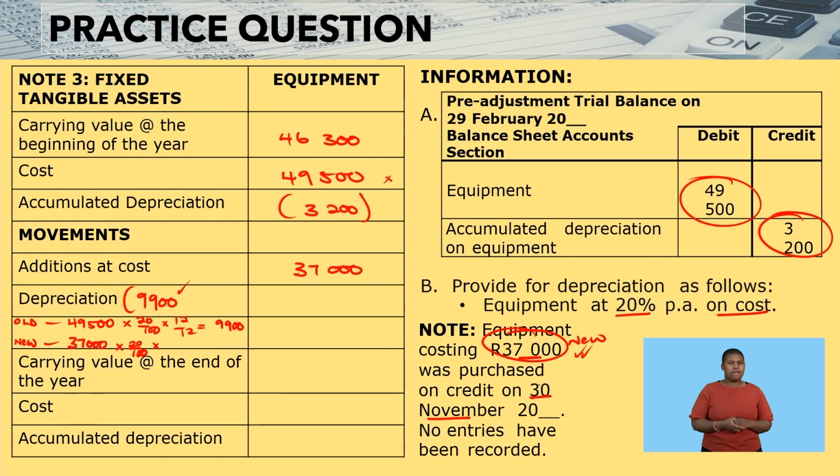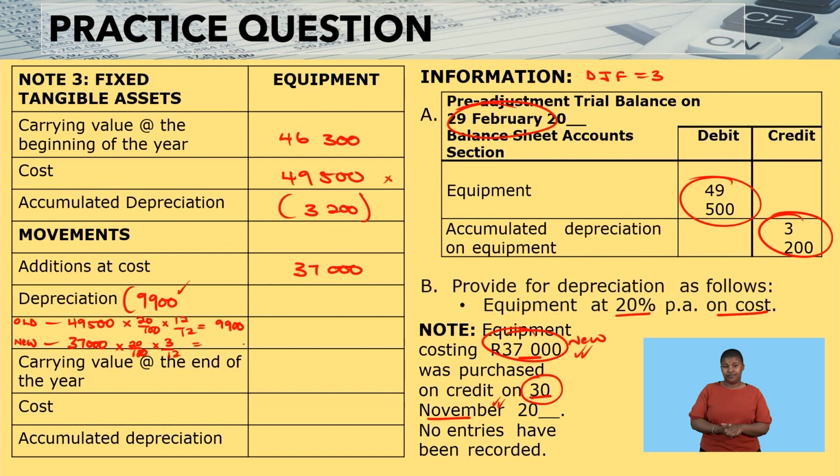When did we acquire it? 30 November. That means in the month of November, we did not use this asset. We only used it from December. And then on to January, February. The financial year ends on the 29th of February. So we had it for 3 months. So come here and say multiply by 3 over 12.